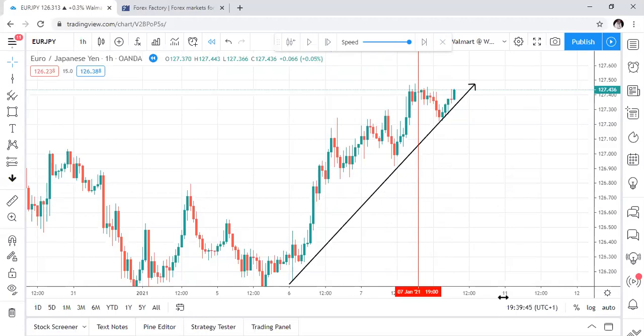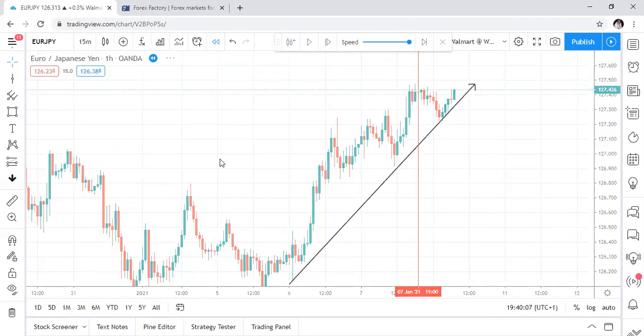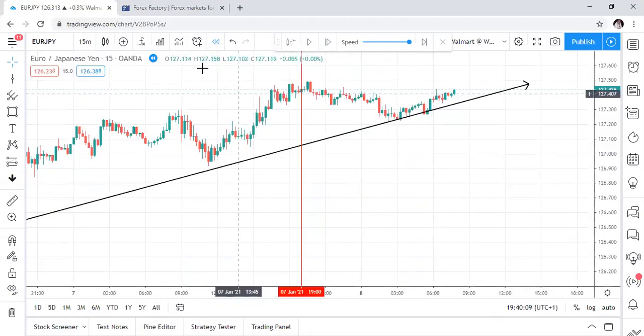You switch over to lower time frame. Let's go to lower time frame, like 15 minutes. See the 15 minutes lower time frame.